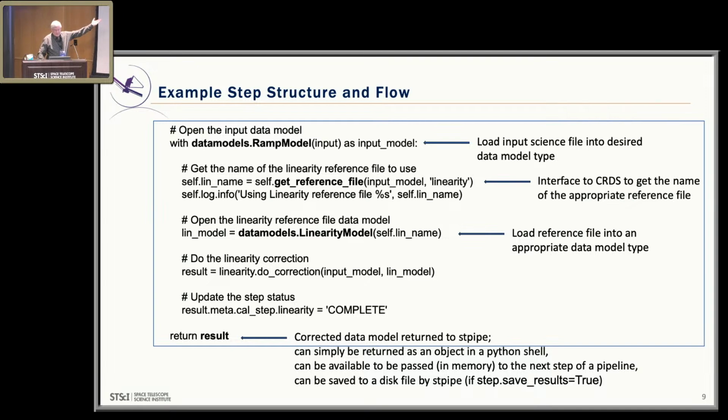And at that point, ST pipe does with it whatever it's been told to do with it. If you're running the step standalone, it'll just save that result out to a new file on disk. If it's within a pipeline, it'll pass the result in memory to the next step of the pipeline, and so on.